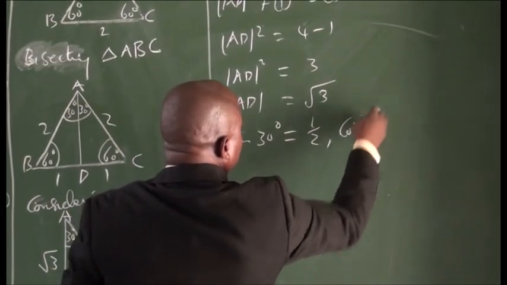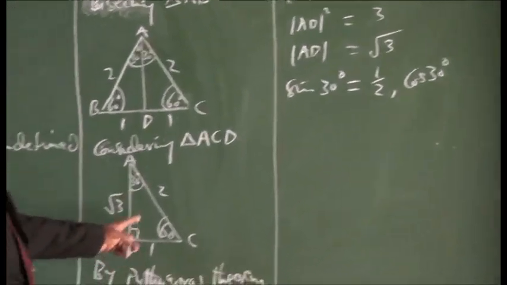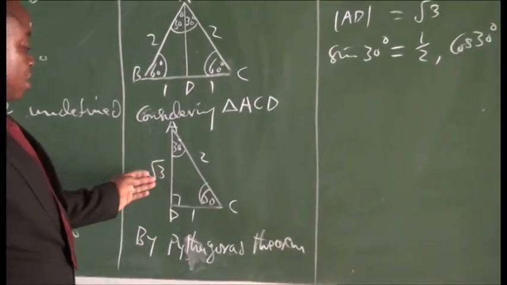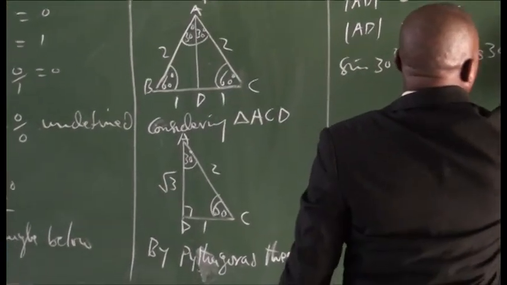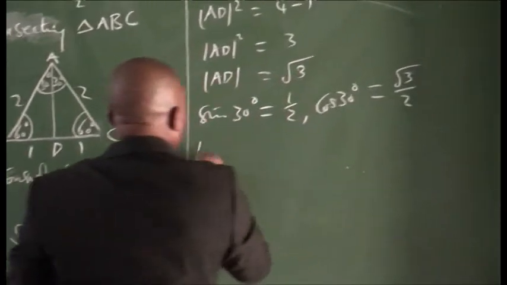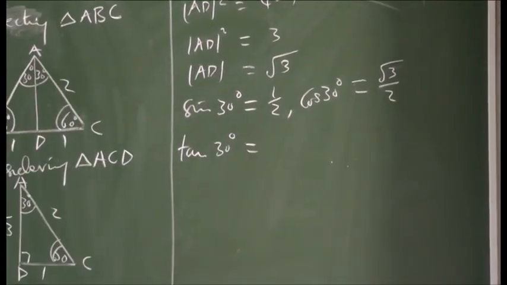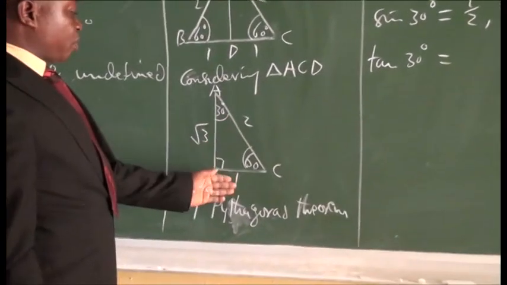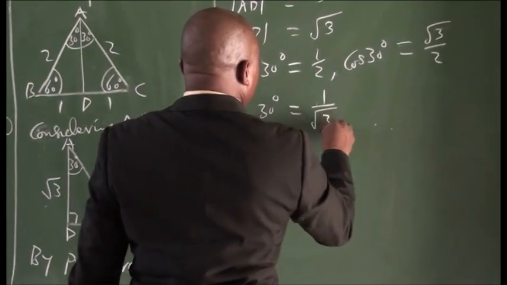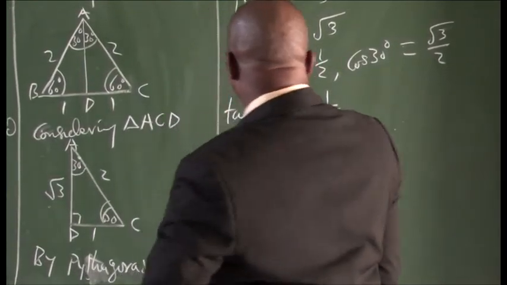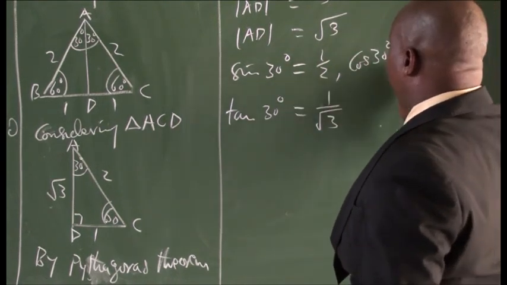Cos 30 degrees, look at this, 30 degrees. So cos is this way. Adjacent over hypotenuse, root 3 over 2. Now tan 30 degrees is opposite over adjacent. Opposite over adjacent. Give me 1 over root 3. All right. So for 30 degrees, we have finished that with the ratio.